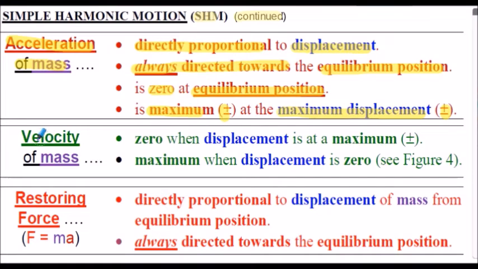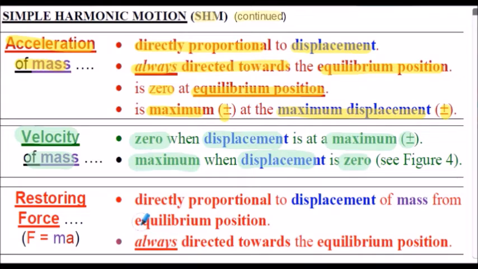Considering the velocity of the mass, the velocity is zero when the displacement is at its maximum in the positive and negative sense. The velocity is a maximum when the displacement is zero. In other words, we're at the equilibrium position or the mid position.